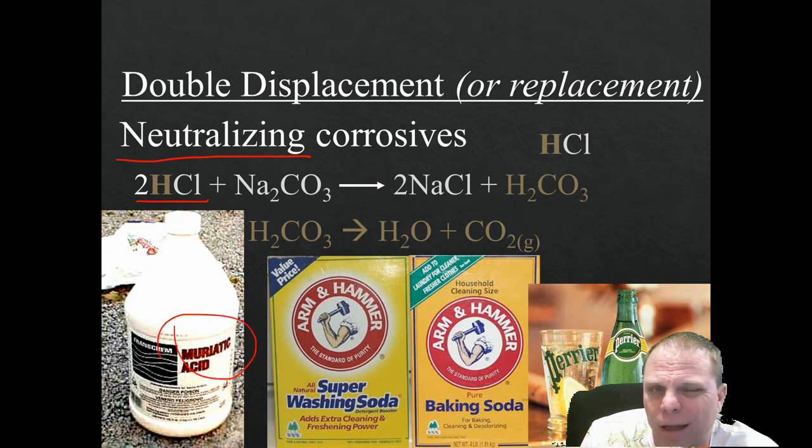Muriatic acid is kind of like the name of hydrochloric acid when you buy it at the hardware store. You've got hydrochloric acid plus sodium carbonate, okay? And then that's going to form sodium chloride plus carbonic acid. All right, so you've basically made this substance much safer. Hydrochloric acid is a pretty dangerous caustic acid. Carbonic acid is not that big of a deal, and that's just going to decompose.